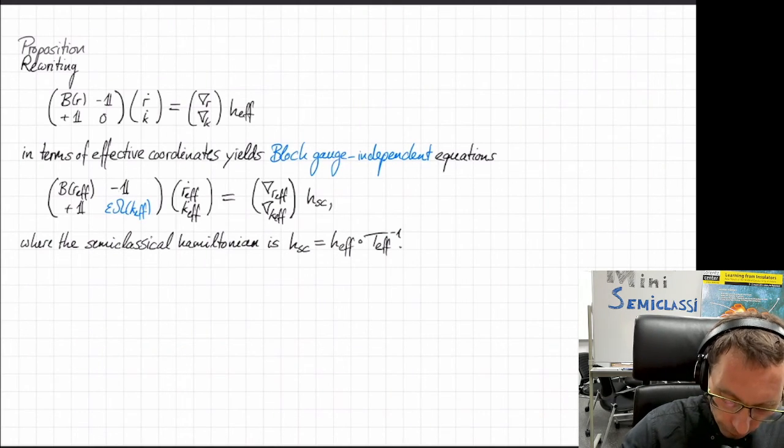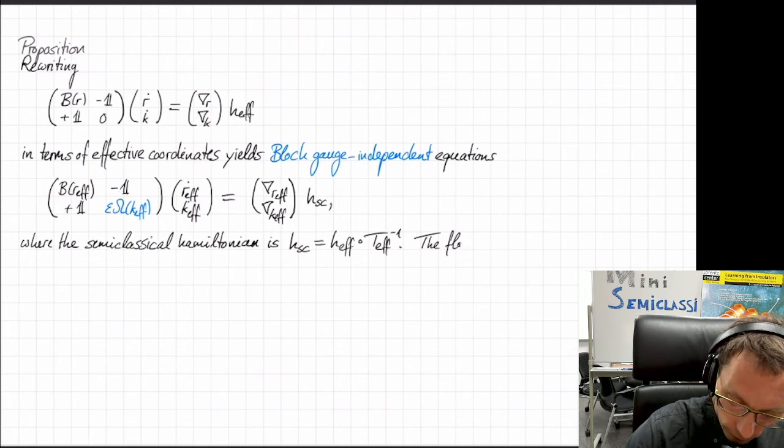And another fact is that the flows, well, the first one is the semi-classical flow, and the other one is, well, I have to transform back and forth.